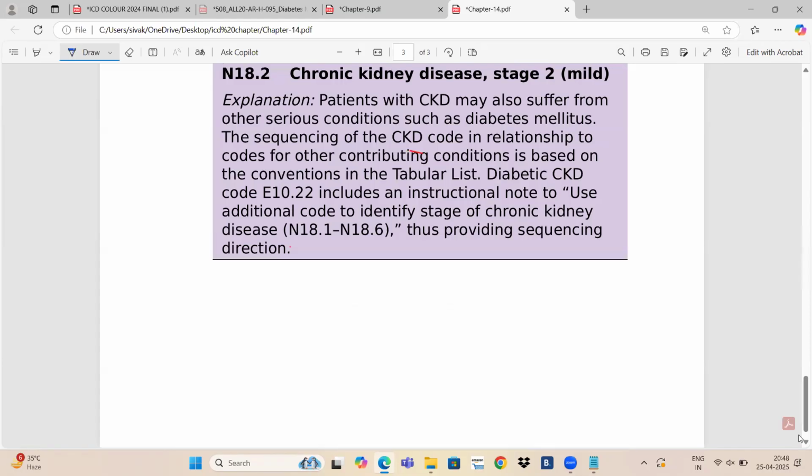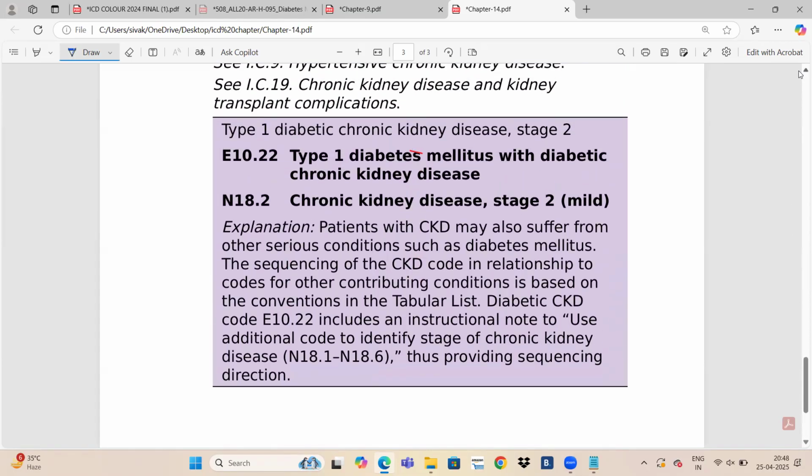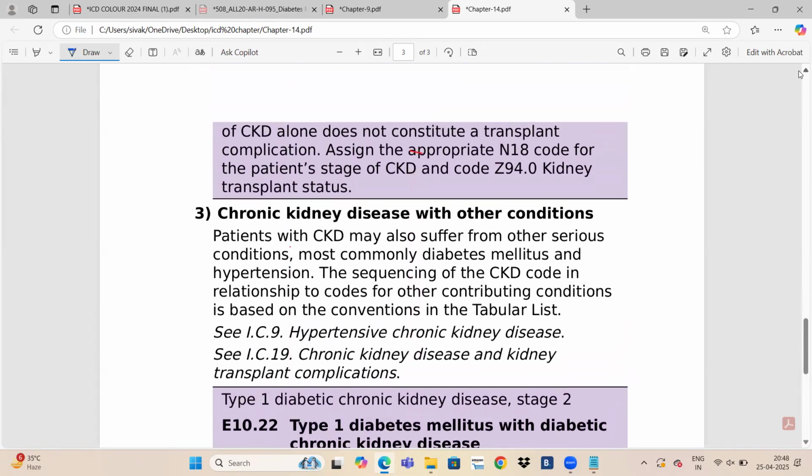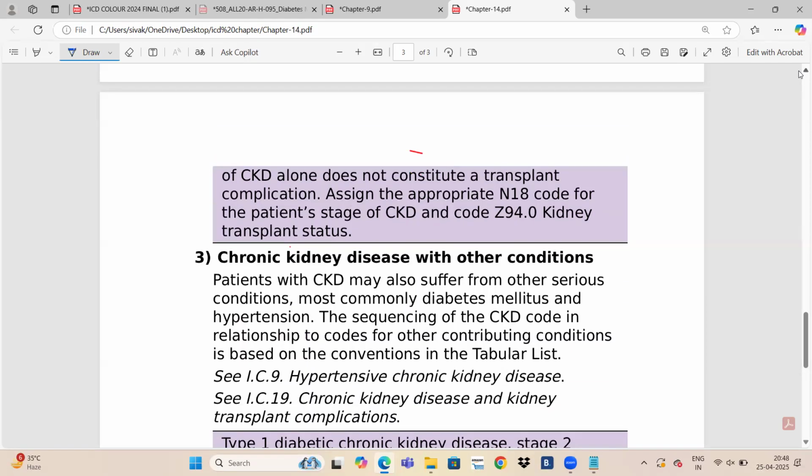Now, CKD. Yeah, next. Ask me your doubts. CKD, hypertension, DM. Now ask your doubts, I will explain.